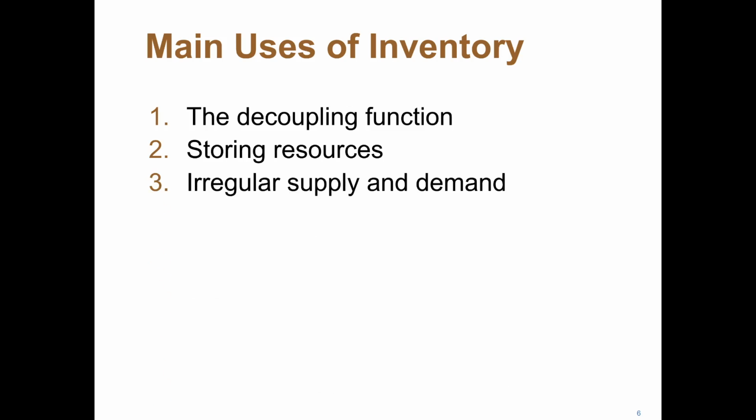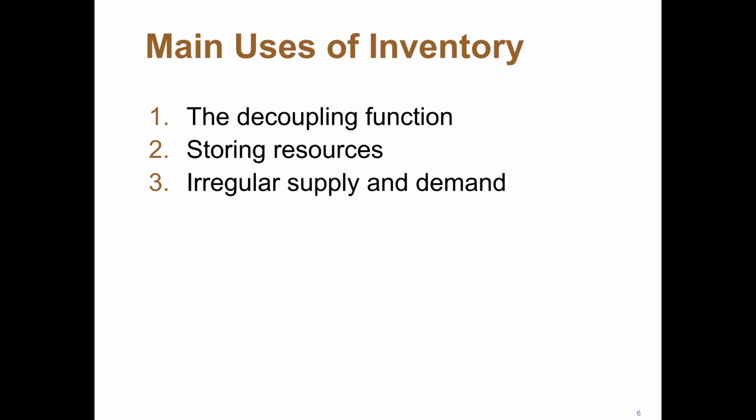Irregular supply and demand. Sometimes there is irregular supply and sometimes irregular demand. For example, agricultural and seafood products are dependent on seasons, so there is an irregular supply, but their demand may be constant over the year.